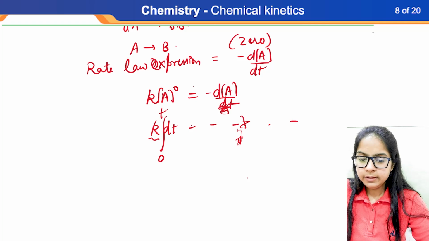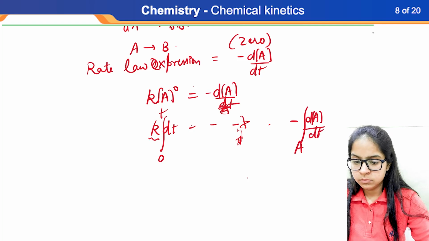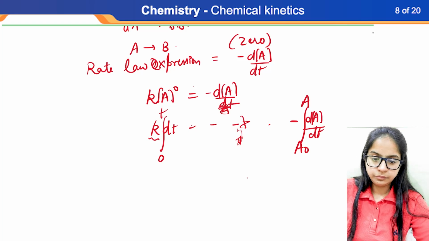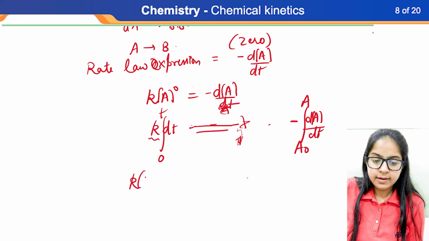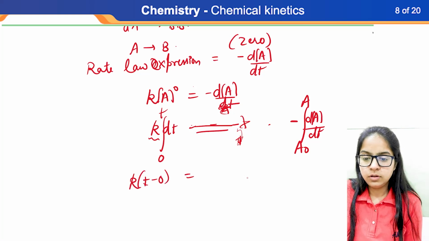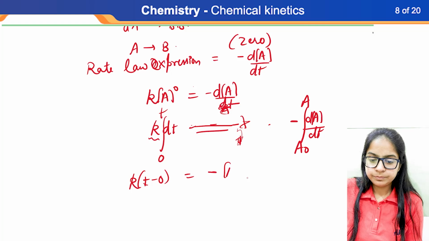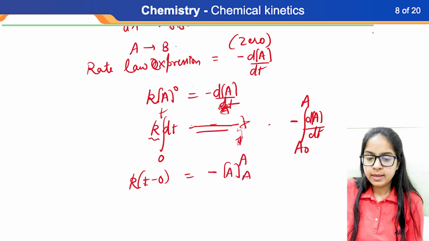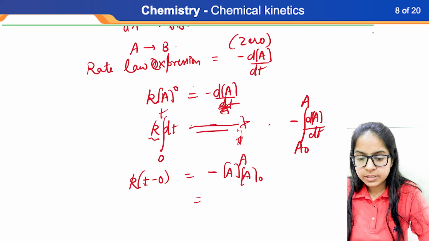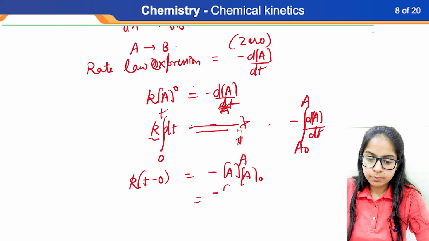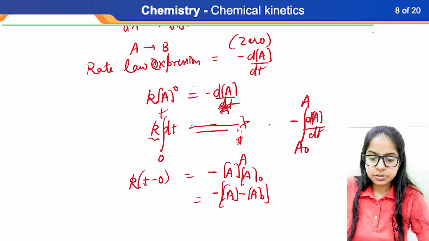Minus dA by dt, A naught to A. Now kt minus 0 is equal to minus A integrated from A naught. After integration, upper limit minus lower limit, you need to put a minus, concentration of A minus concentration of A naught.